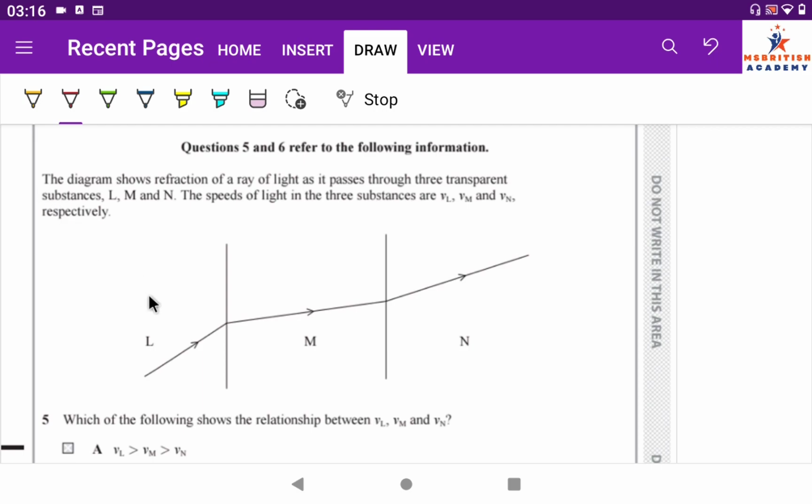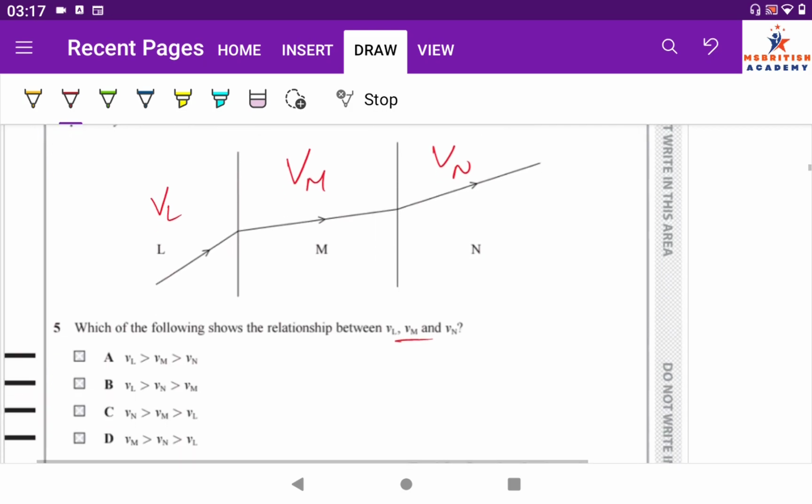Here the speed of light is VL, here is Vm, and here is Vn. Which of the following shows the relationship between VL, Vm, and Vn?